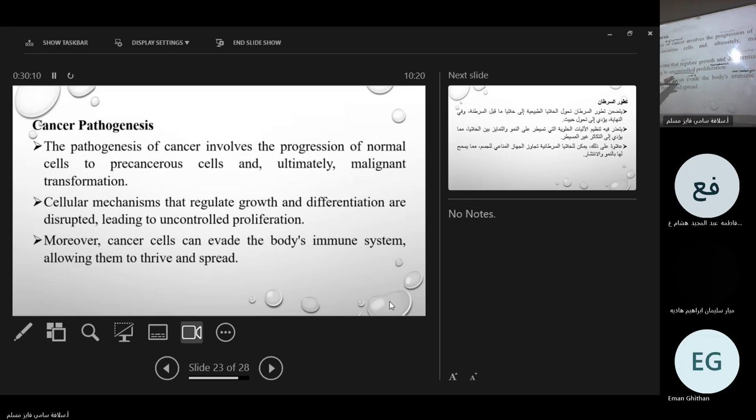Okay, and uncontrolled, جاي من أي كلمة؟ control. شو يعني control؟ سيطرة. Uncontrolled is the opposite. Proliferation means reproduction. To produce, to reproduce.